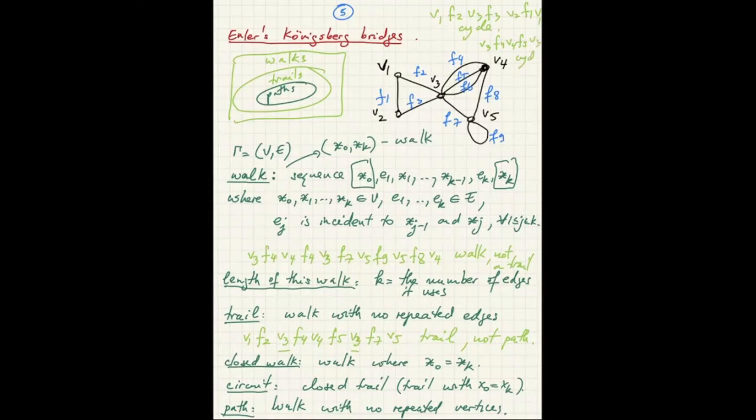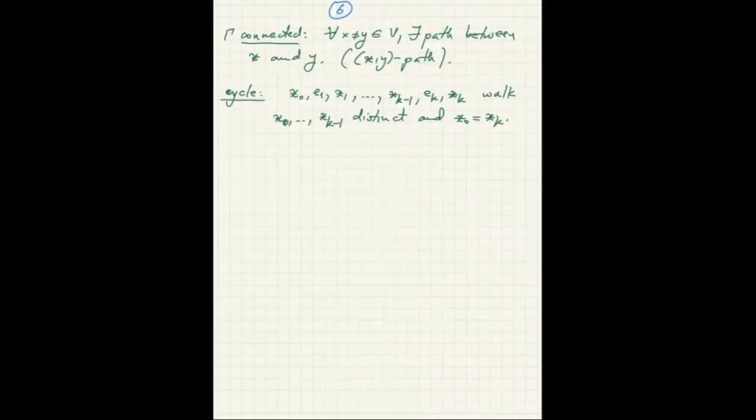That's also a cycle. The first one uses 3 edges, so it's a cycle of length 3. The second one is a cycle of length 2. You have these multiple edges. And you can also have v5, f9, v5. It's also a cycle. It's a cycle of length 1. That's a loop. Okay. All right.